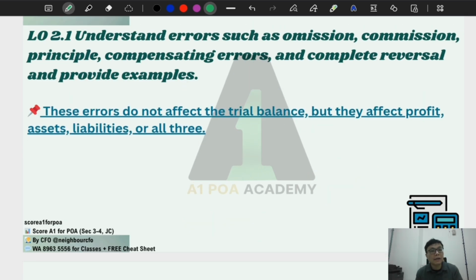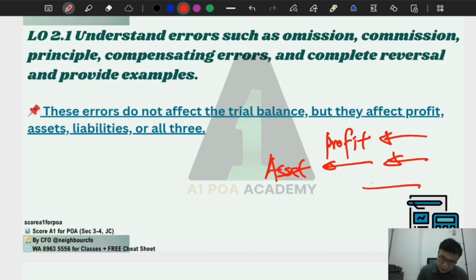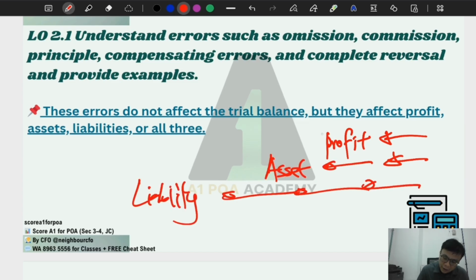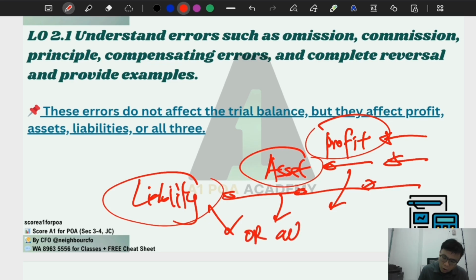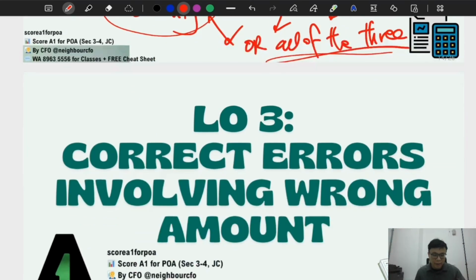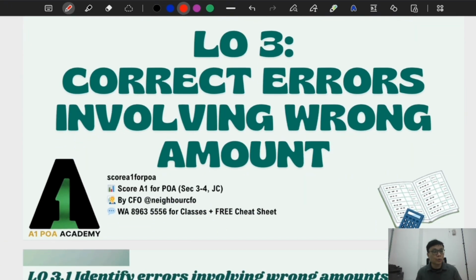In short, these errors do not affect the trial balance, but they affect profit, assets, liabilities, or all three. So with that, let us now go to LO3.